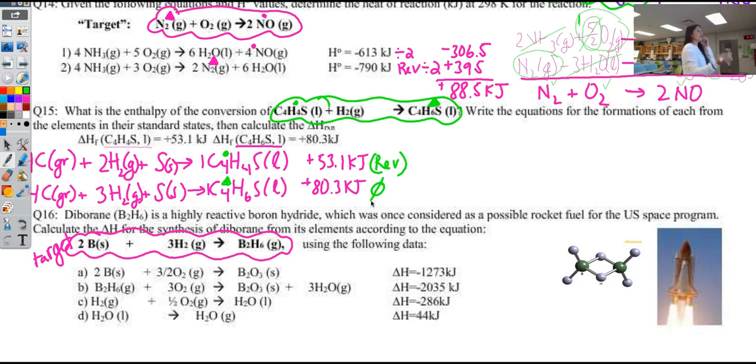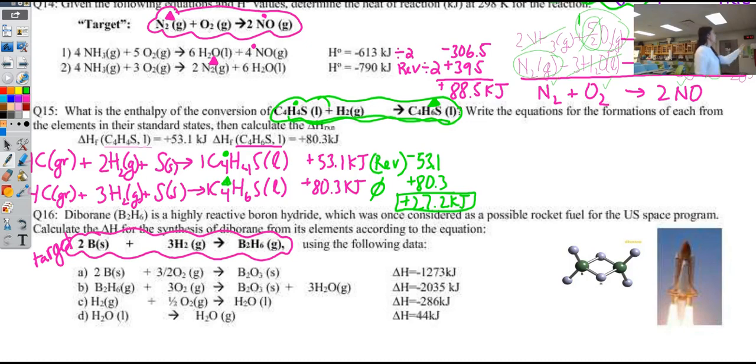Okay, so if all I needed was the delta H and I didn't have to show the stoichiometry, then in this case I would simply say it's negative 53.1 kilojoules and a positive 80.3 kilojoules, and then I simply have to add these together and I get a positive 27.2 kilojoules, and that is my delta H for this target reaction here. Okay, that's what that's representing.